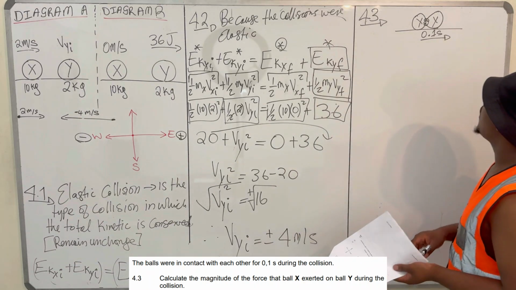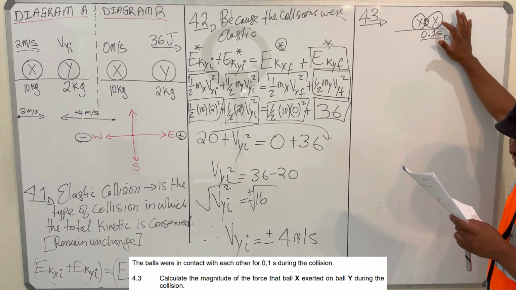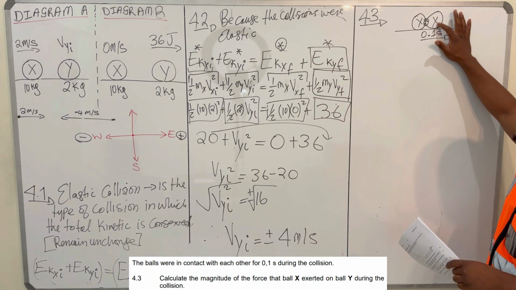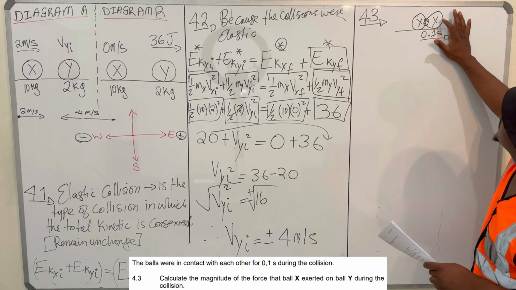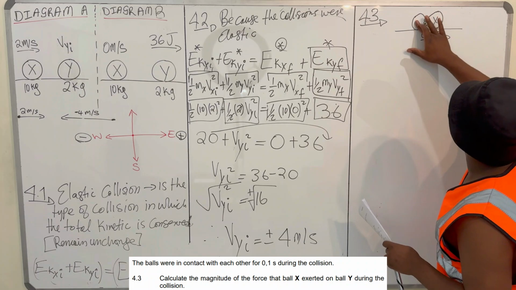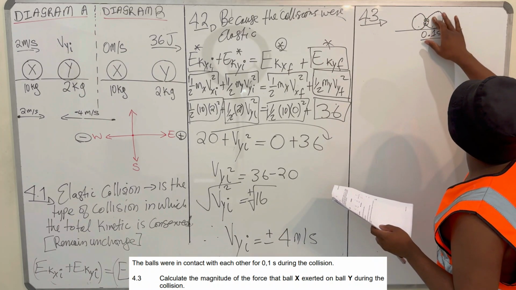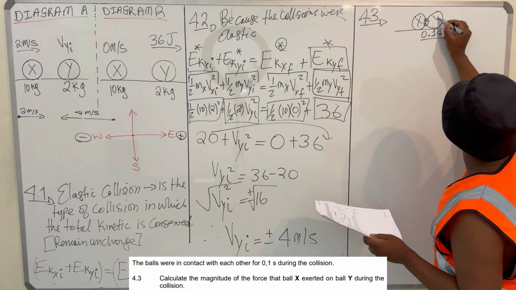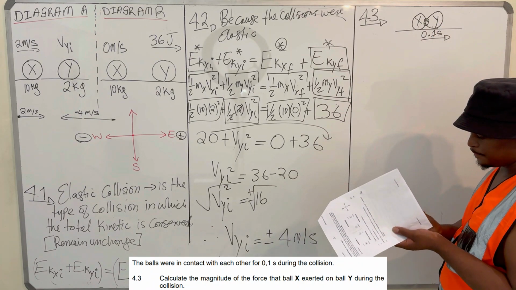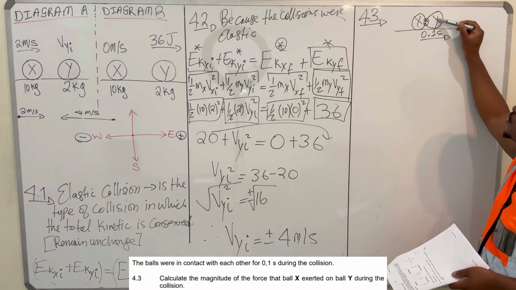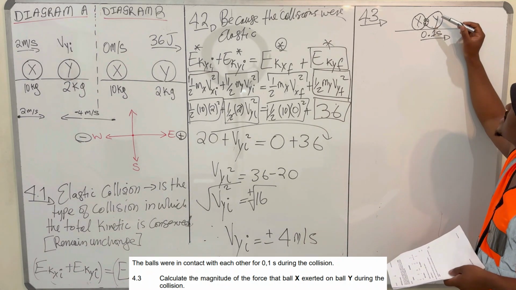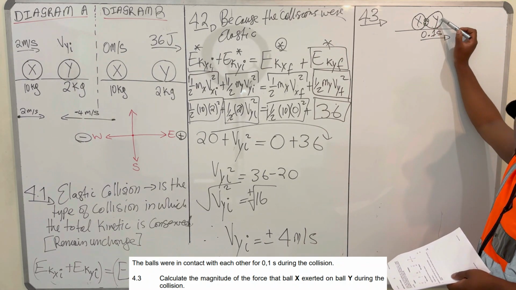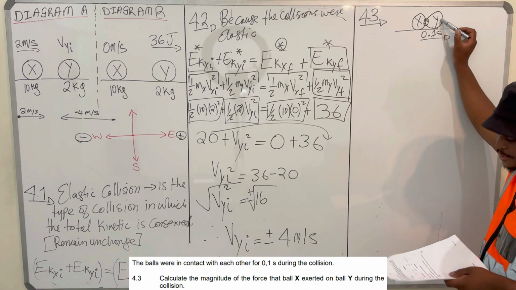So they want you to find the magnitude of the force that x, I think I mislabeled them. This is x and this is y here. So they want to know the magnitude of the force that ball x exerted on ball y during the collision, right?